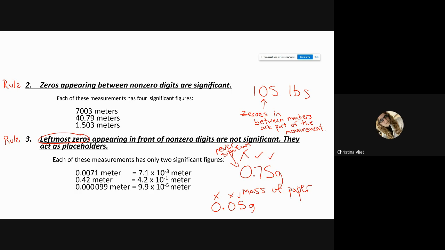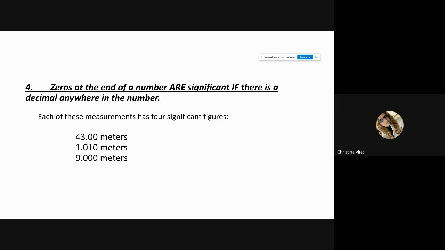So what other scenarios could there be? The next one, so this is rule 4. I'm going to ask you to do another activity on your scale to prove this rule. The activity is to see if you can add or take away paper until the balance reads a 0 at the end.